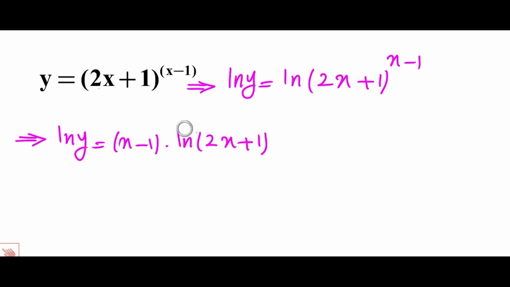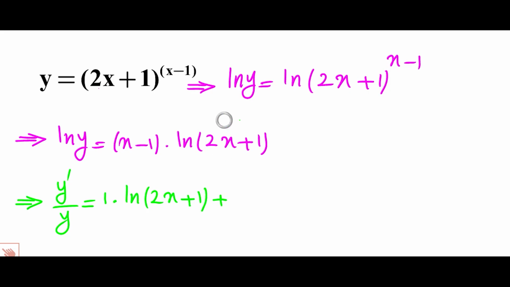Now we differentiate both sides of the equation. So we have the derivative of ln of y, which is y prime over y, is equal to, we use the product rule, the derivative of x minus 1 is 1 times the second, ln of 2x plus 1, plus the derivative of the second.